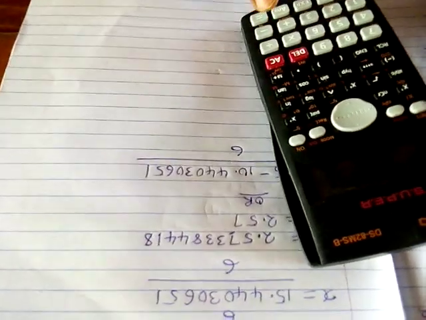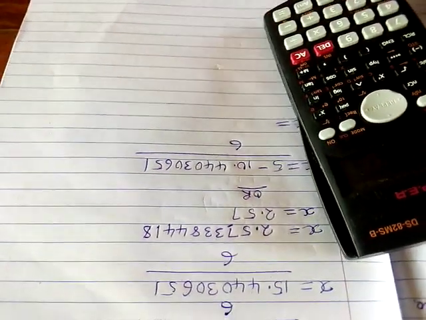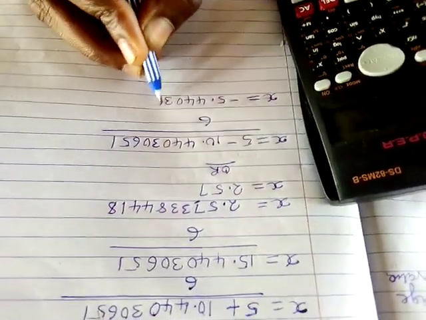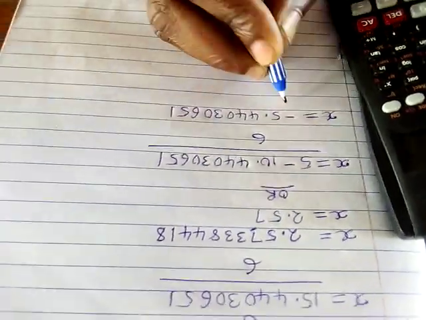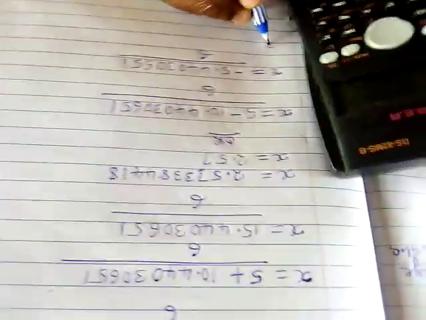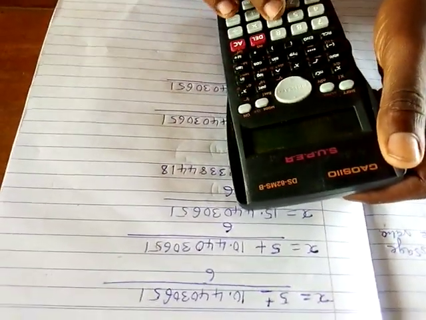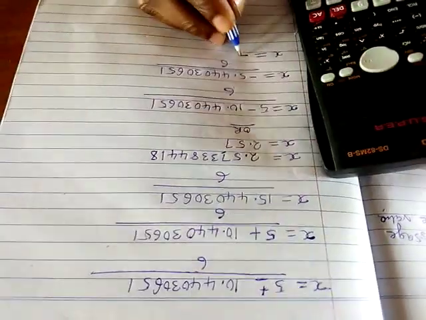So the answer is negative 5.44030651. Then we divide by 6.